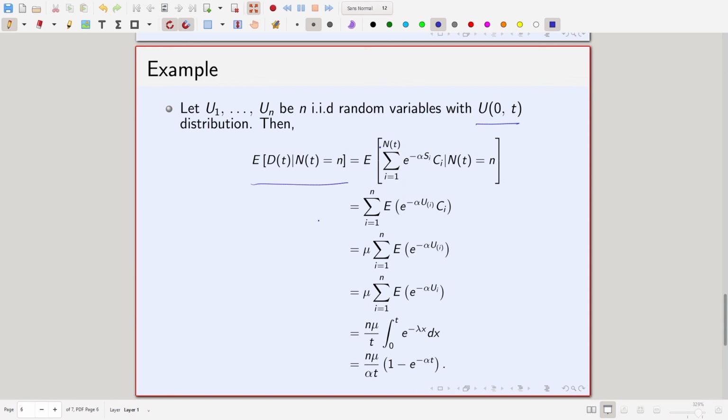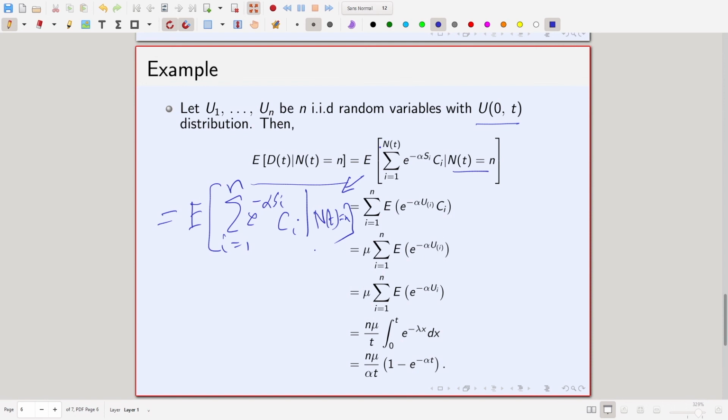Since Nt equals n, this quantity is basically equal to the expectation of the summation i running from 1 to n, because you are given that Nt equals n, of e to the minus alpha Si times Ci, given Nt equal to n.